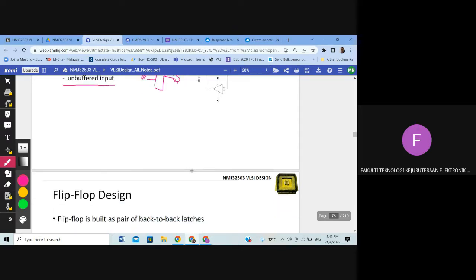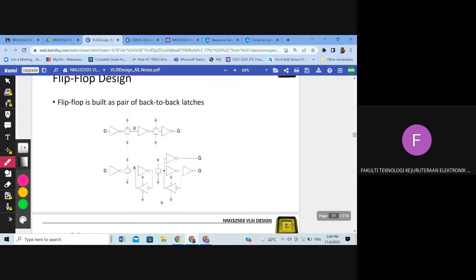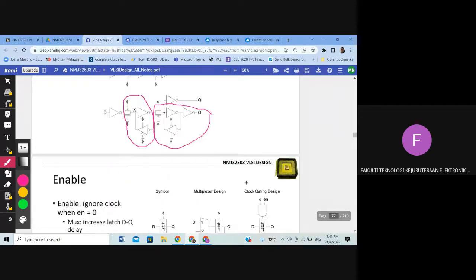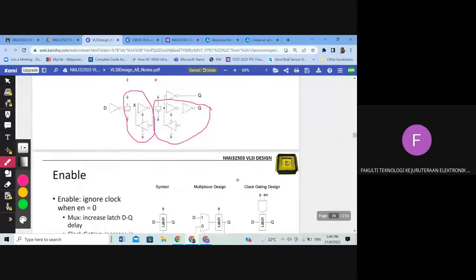You see the design. Now you can see it clearly when I circle it. Okay, back to back. Right, that's what we call a flip-flop.